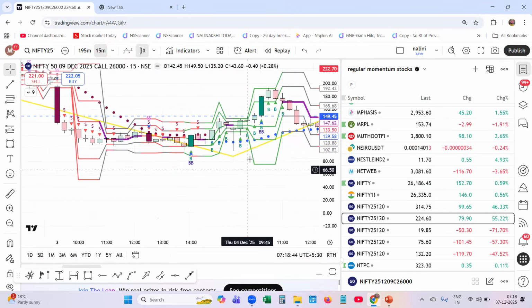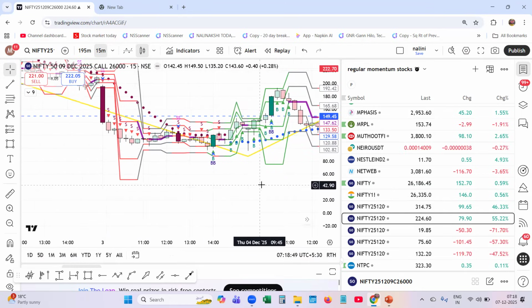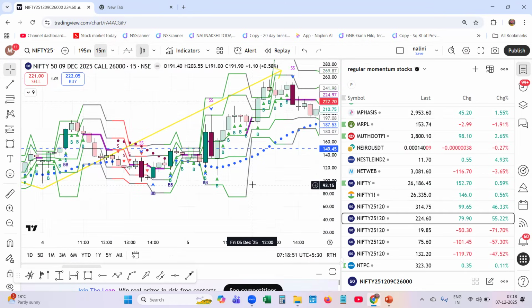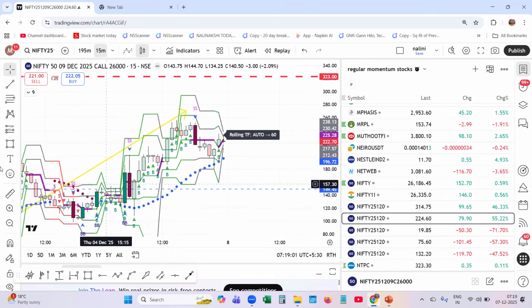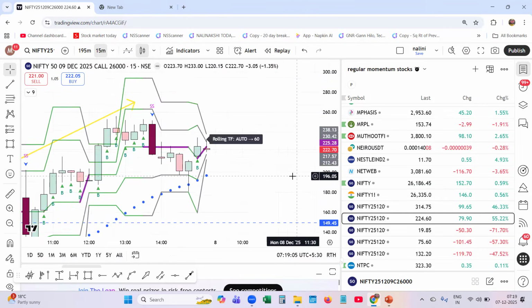The price was around 82 to 88. See here the move, and from there it has moved up to 260.57.